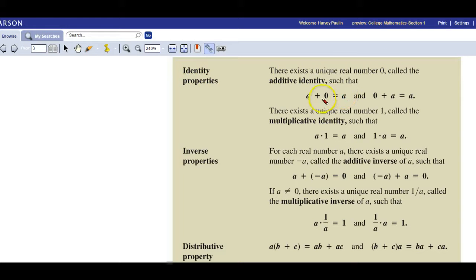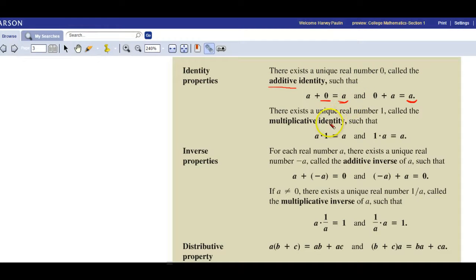Here we're saying we could add 0 to any value, and it's still just the original value. There is no change. And of course, we could do it in any order. But adding 0, whether we add it later or in the beginning, there is no change. This is the identity property of addition.